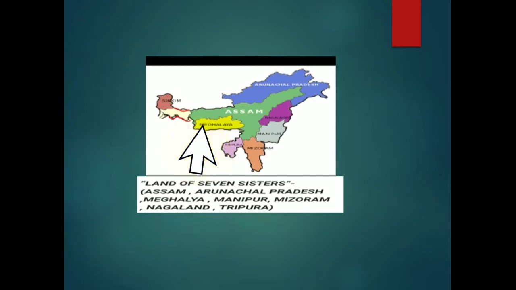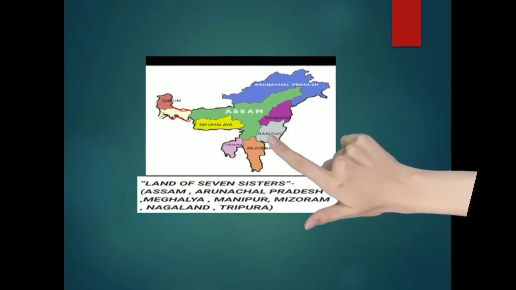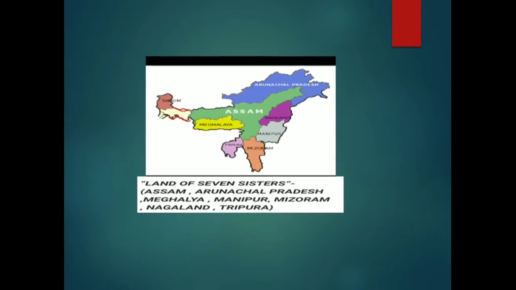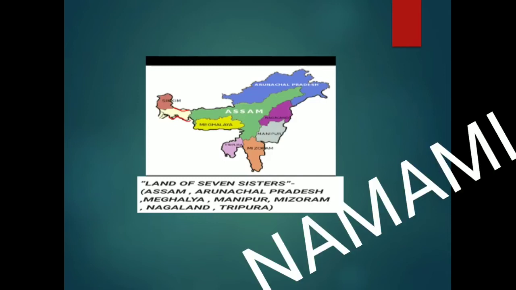Now coming to these three states, Nagaland, Manipur and Mizoram, sometimes children get confused in locating these places. So here I am giving a small trick which is called a mnemonic. Taking the first letters of these three states: Nagaland, NA; Manipur, first two letters MA; Mizoram, first two letters MI.